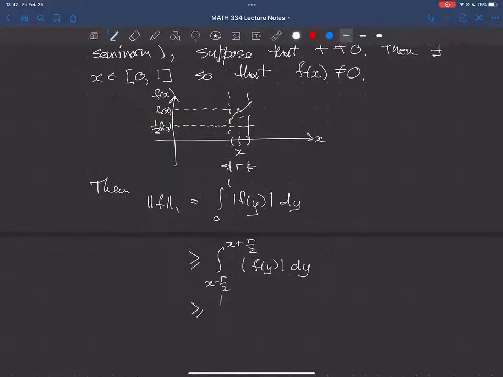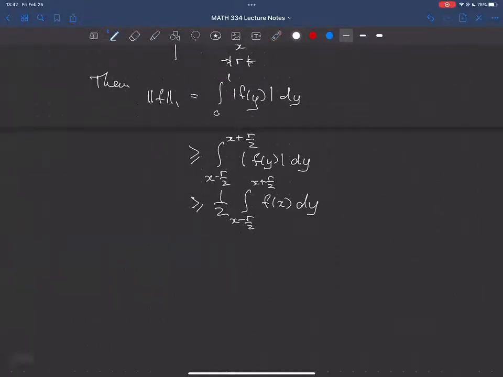Okay, so this is greater than the integral from x minus r over 2 to x plus r over 2 of a half f of x dy, right? Because x is the point that I'm fixing here, and on the interval x minus r over 2 to x plus r over 2, f of y is greater than a half f of x. So that's what this picture is.